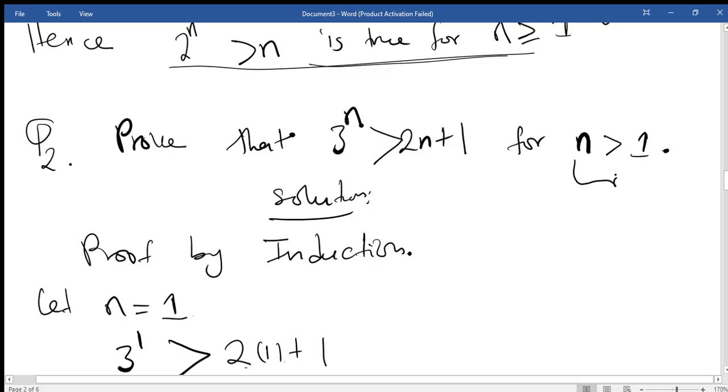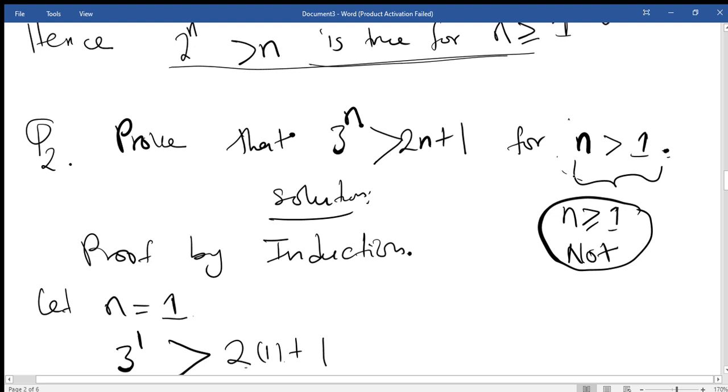It says prove that 3 power n is greater than 2n plus 1 for n greater than 1 and not n greater than or equal to 1. These are two different statements. It is not this, it is this. So the base step will not be n equal to 1. Pay particular attention to what has been given here.